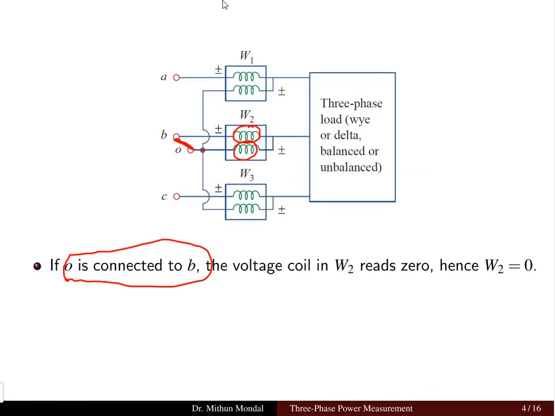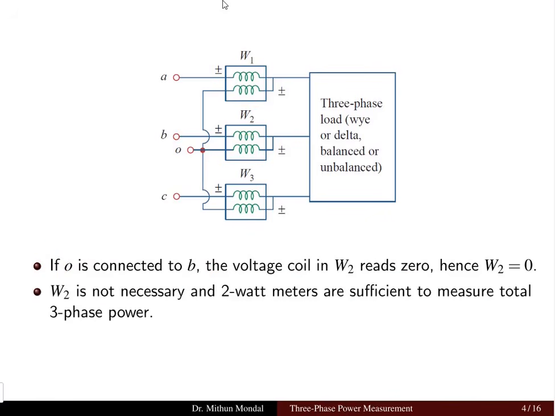The voltage coil will be in parallel and the current coil will be in series. So the voltage coil in wattmeter 2 will read 0. When O is connected with B, it will read 0, which means no reading will come in the wattmeter. It will read 0 watt. This advantage we are going to take for 3-phase measurement.